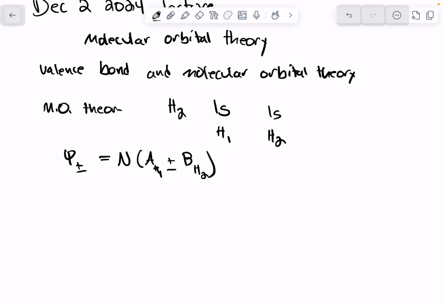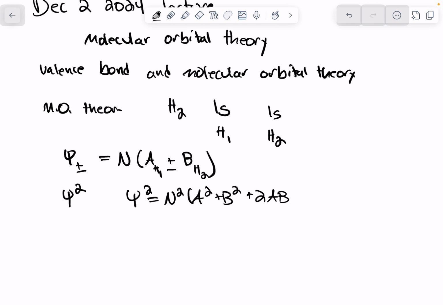What we're looking for, as we've talked about in previous editions, is really psi squared. When we square this, we get two possible outcomes. One is psi squared equals N squared times (A squared plus B squared plus 2AB).